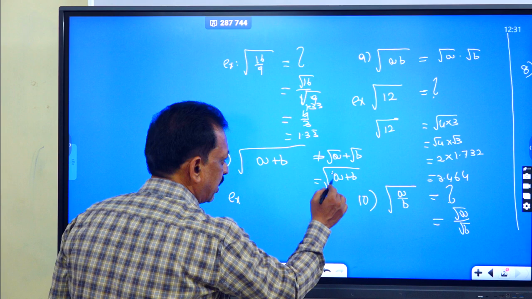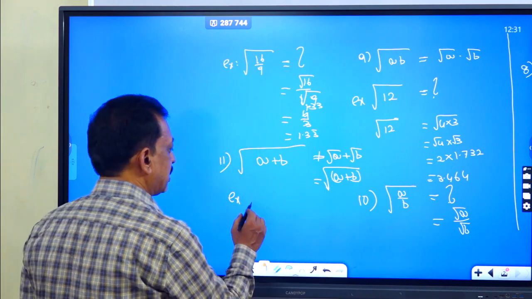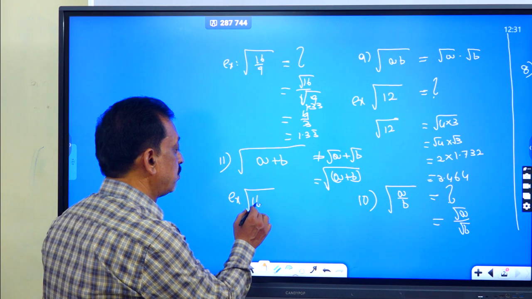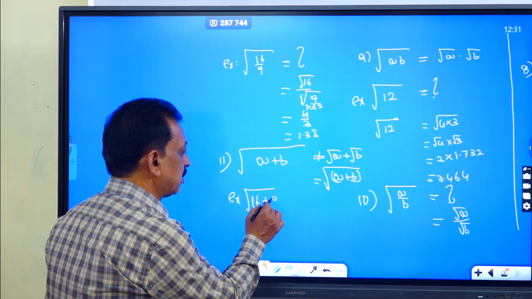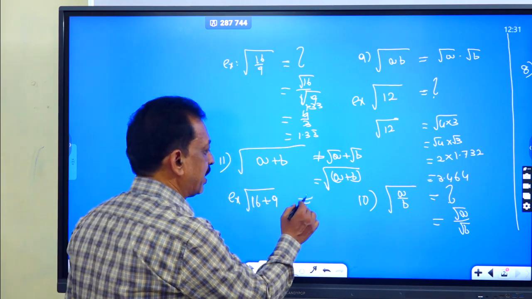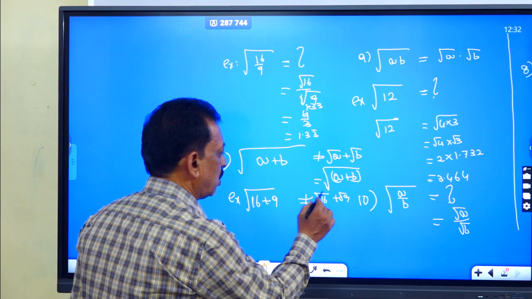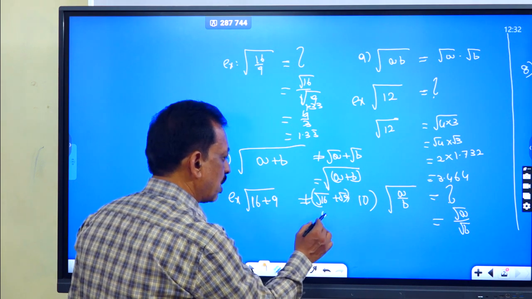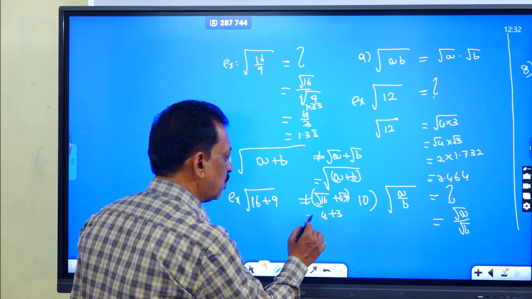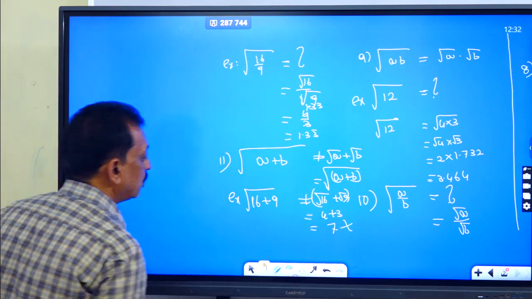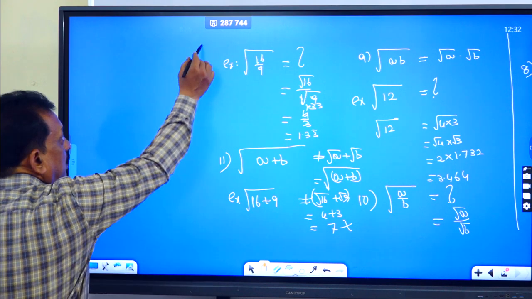First we add and then take the root value. For example, square root of 16 plus 9. This is not equal to root 16 plus root 9. If you do that, it will come 4 and 3, and you are going to get 7. But it is not correct. This is wrong.